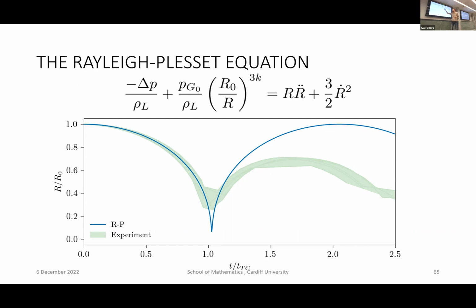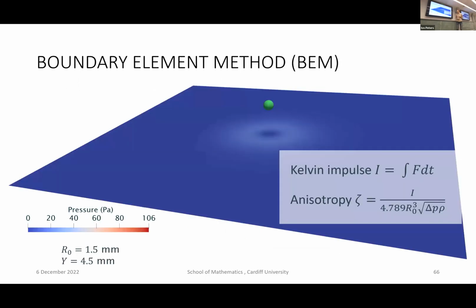So this blue line is the Rayleigh-Plesset solution, and the green line is a number of experiments. And so this gives us our time information during the collapse. Then we can include that in our boundary element method, the one that I showed you, which we use for the slot geometries, and we can do this calculation. We can calculate the anisotropy parameter.